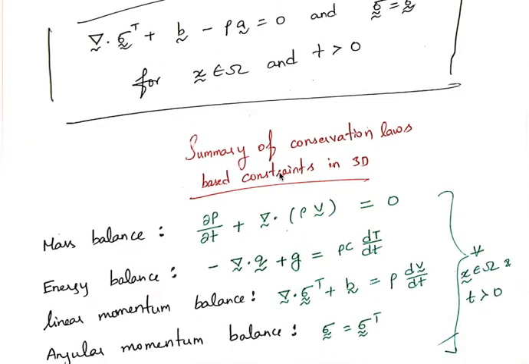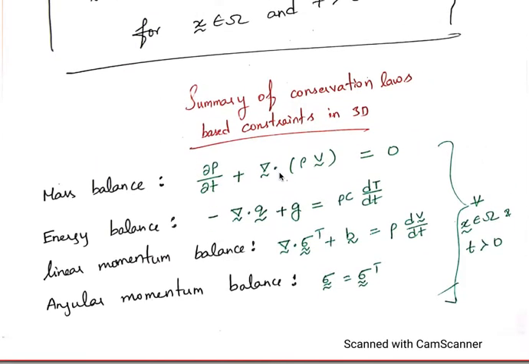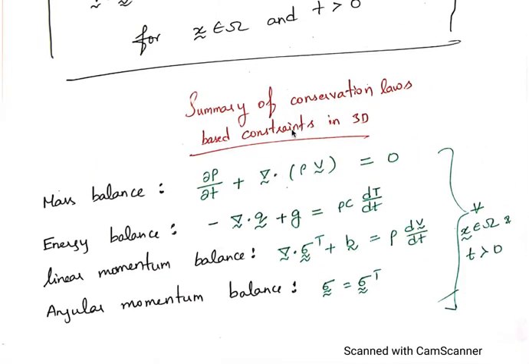So just to summarize whatever we have derived till now, we have been deriving constraint differential equations based on the conservation statements in 3D in a general situation. So for mass balance to be ensured, the first equation must be valid: partial time derivative of density plus divergence of density times velocity must be equal to 0.